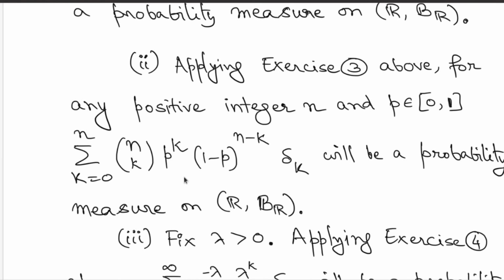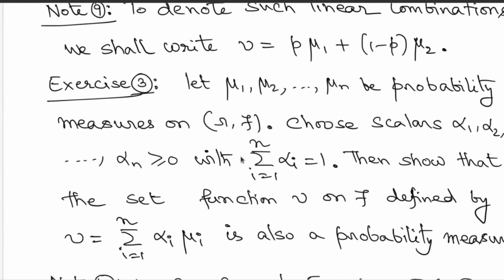These are familiar coefficients, they add up to 1 as given by the binomial theorem. So these coefficients add up to 1 and this will give you a convex linear combination of the Dirac measures. And as per the exercise earlier, this will be a probability measure. Okay, so let's go back. So this is the exercise that I am referring to, while you are looking at convex linear combinations of n probability measures.